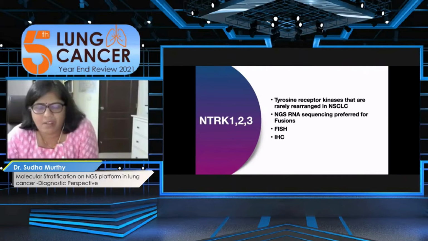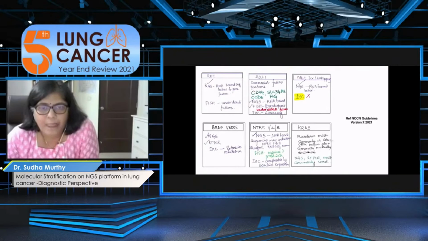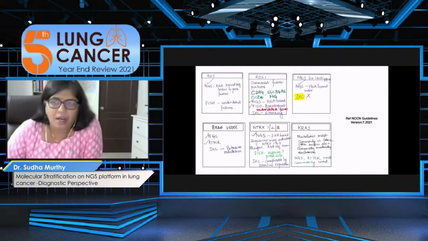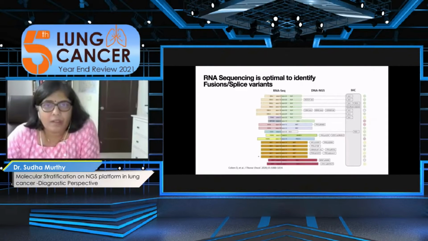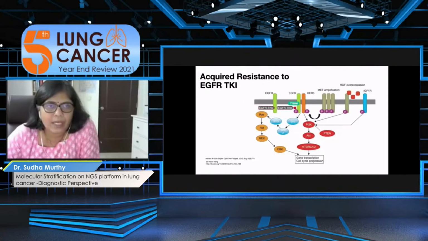Otherwise, FISH and IHC become cumbersome because they do not cover all 3 variants. DNA-based sequencing may underdetect NTRK1 and 3, and therefore RNA sequencing is again recommended for NTRK. This highlights the importance of RNA sequencing in the latest NCCN guidelines, and this shows the fusions that will be picked up on RNA sequencing.